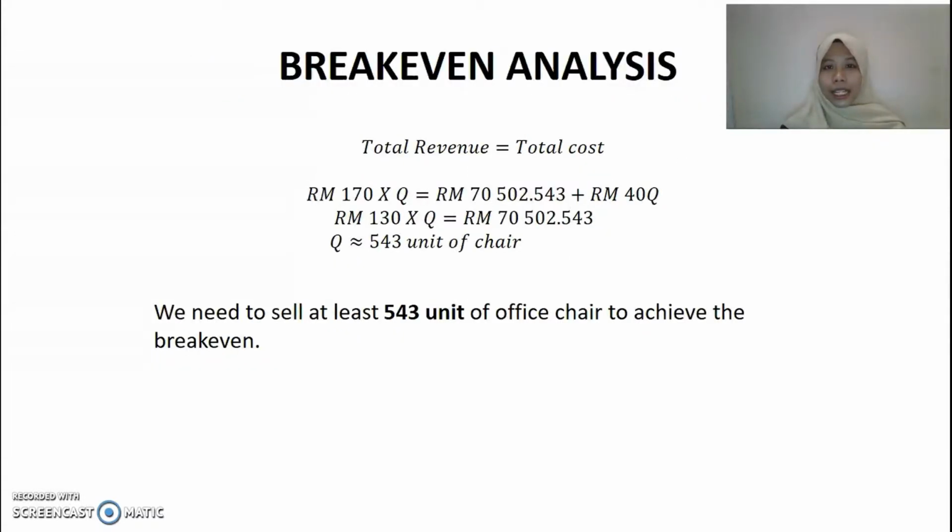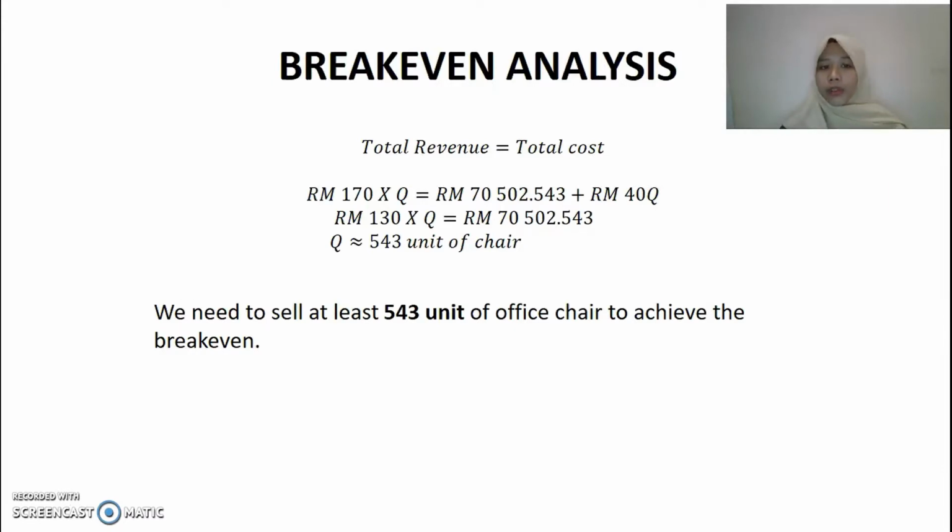For break-even analysis, break-even is the point where the total revenue is equal to total cost. There is no profit or loss at this break-even point. The formula to calculate the break-even analysis uses 170 ringgit, which is the maximum sale price, times the quantity, and we get 543 units of chair.